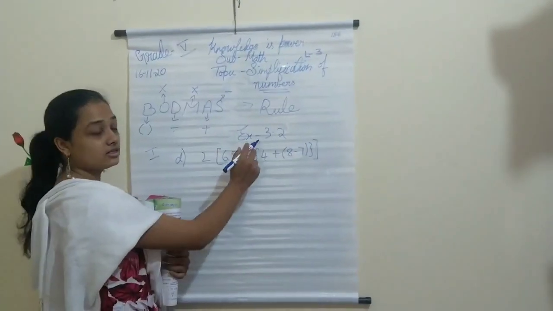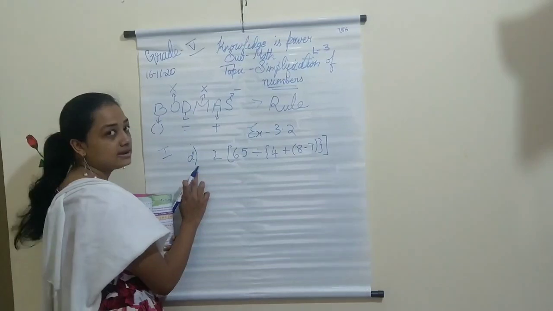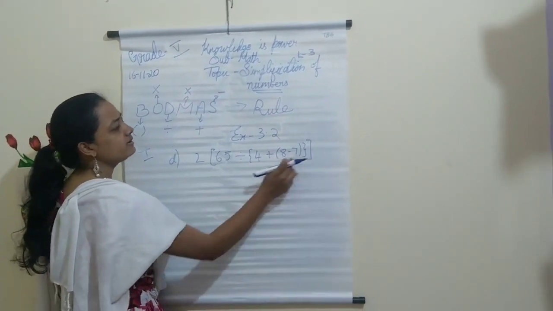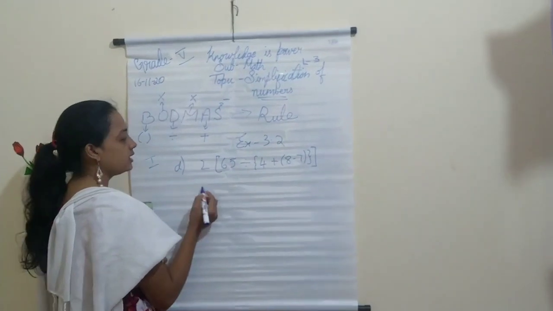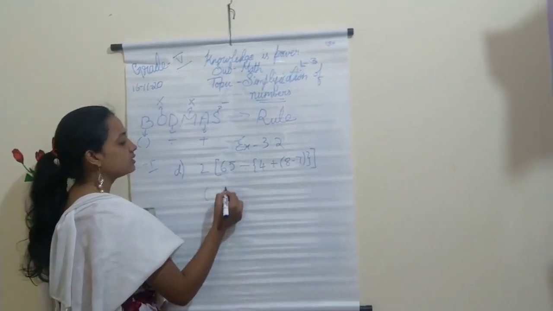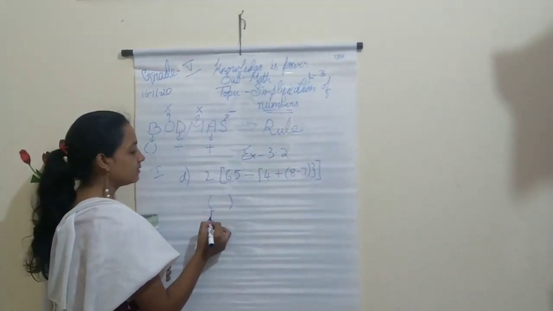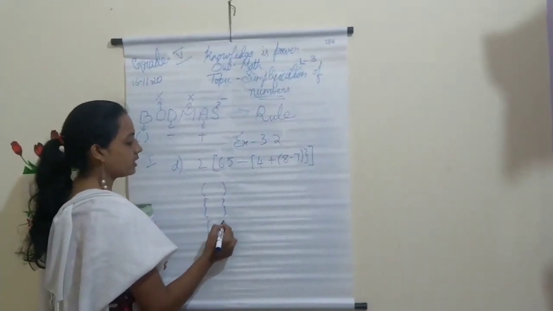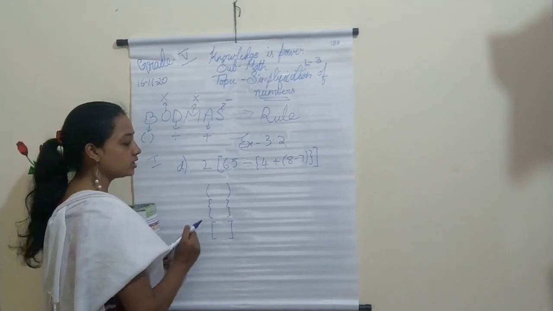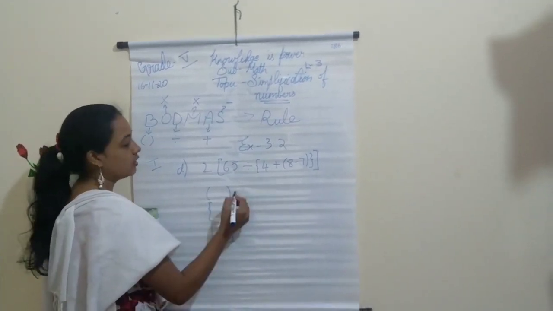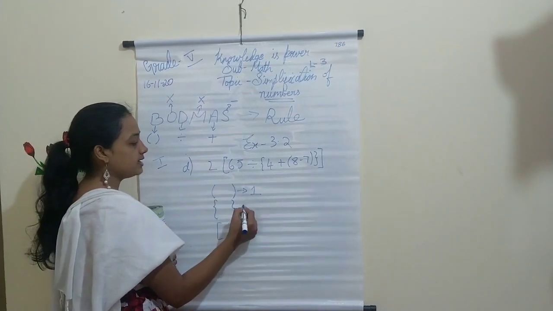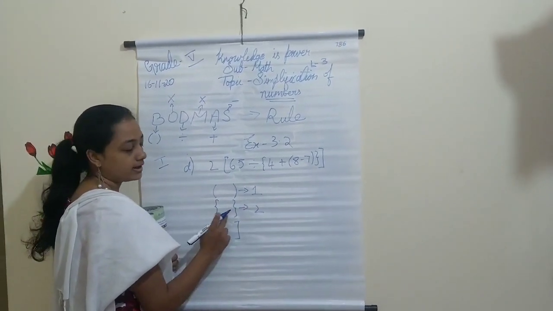So in exercise 3.2, I have taken the D sum. Here you can see brackets, and you have different types of brackets here. In brackets you have mainly the common bracket, flower bracket and square bracket. This also has one order. Always you should start with the common bracket. Next you should do the flower bracket.